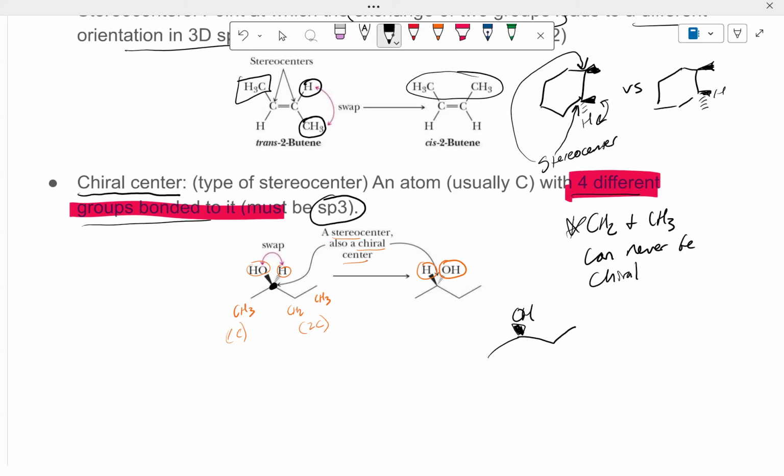You can automatically assume that the last group here is the hydrogen you don't see, that it automatically has the opposite wedge. So whether that OH starts out here like with a dashed wedge, you can assume if you don't see another wedge that the hydrogen you don't see is automatically the opposite wedge. So that is convention. That's like a standard for representing these molecules.